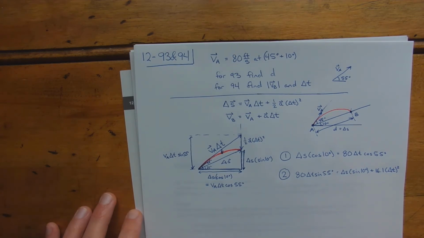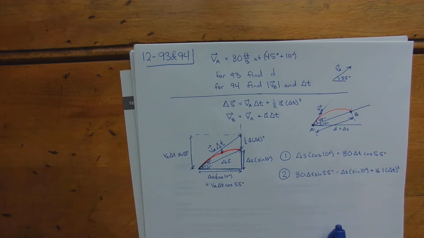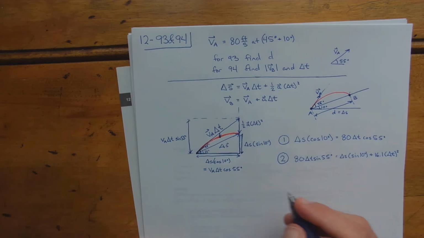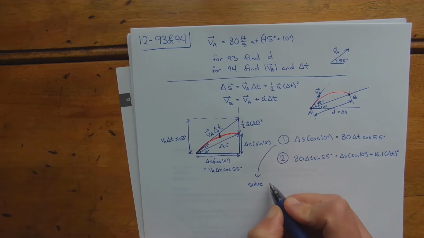Well, then, let's see what we have. I have delta t, which I'm going to want to find, and I have delta S. So I have two unknowns. And I said in a previous problem, it's usually a good idea to keep the delta t and get rid of any other unknowns. So in order to do that, I'm going to solve equation 1 for delta S, and then I can substitute that into equation 2.